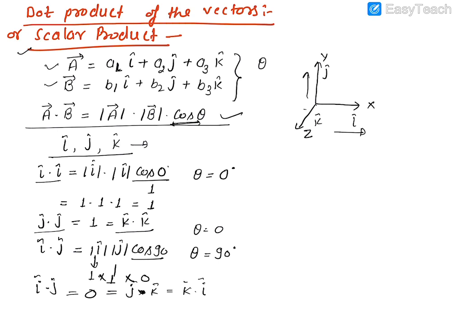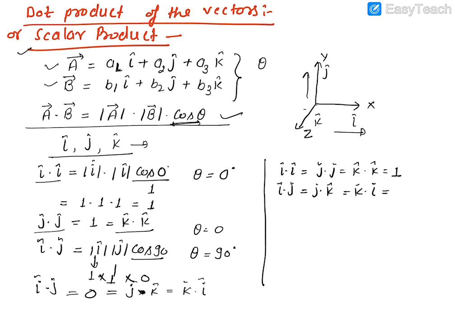So the conclusion is i dot i is equal to j dot j is equal to k dot k is equal to 1, and i dot j is equal to j dot k is equal to k dot i is equal to 0. So we don't know the angle, we know only this information.